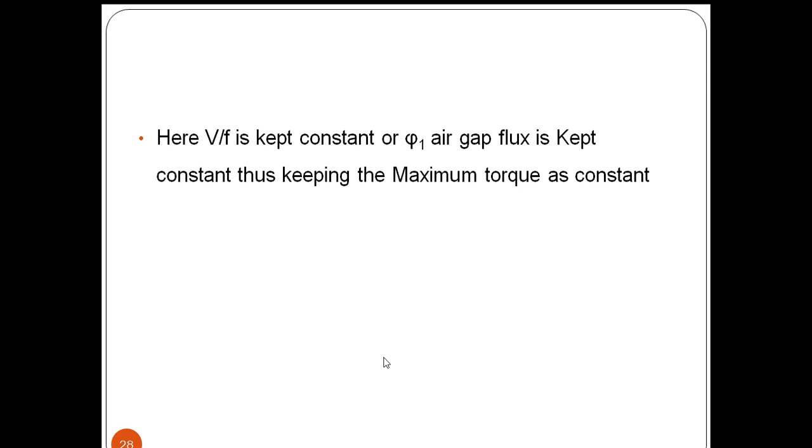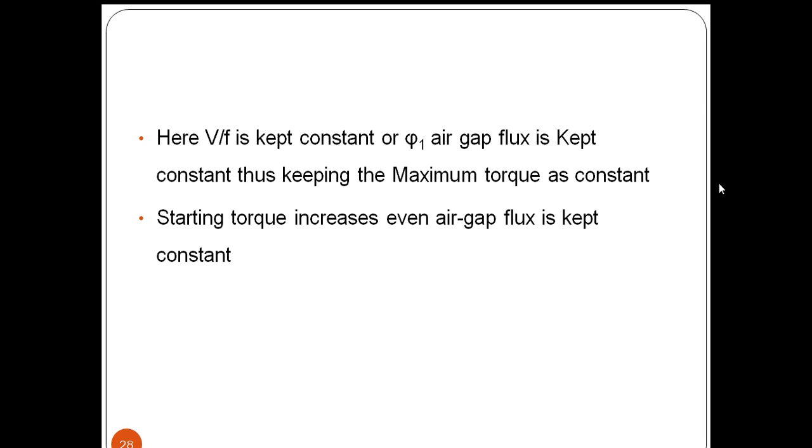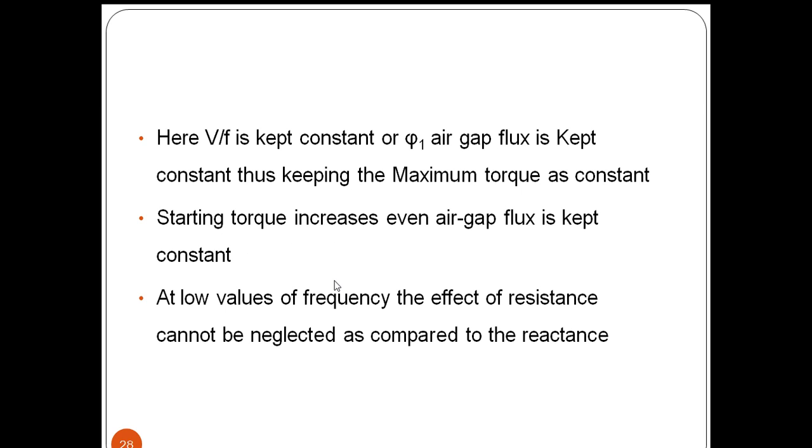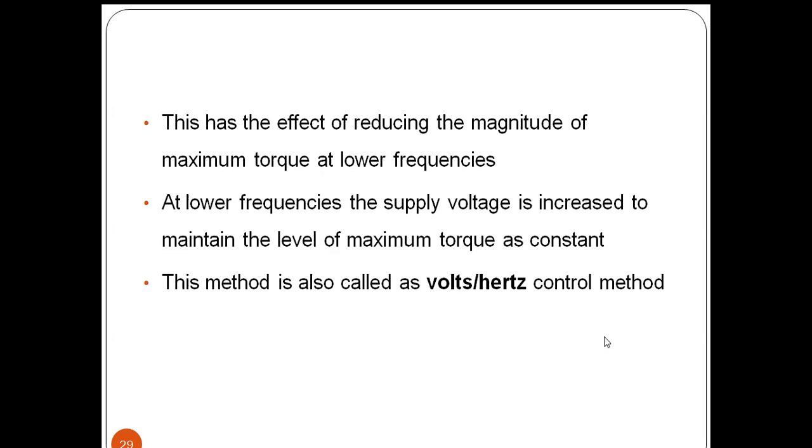Here, the V by F, voltage to frequency ratio, is kept constant. For constant V by F, the air gap flux is kept constant, thus keeping the maximum torque constant. Stator torque increases, even though air gap flux is kept constant. At lower values of frequency, the effect of resistance can be neglected as compared to the reactance.